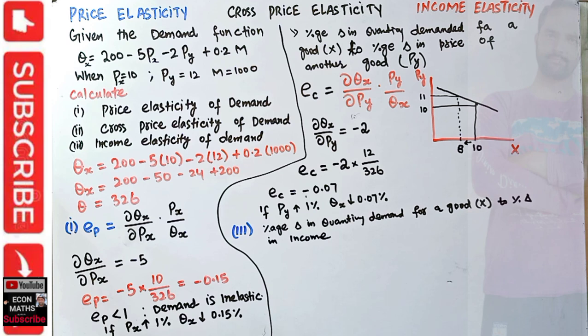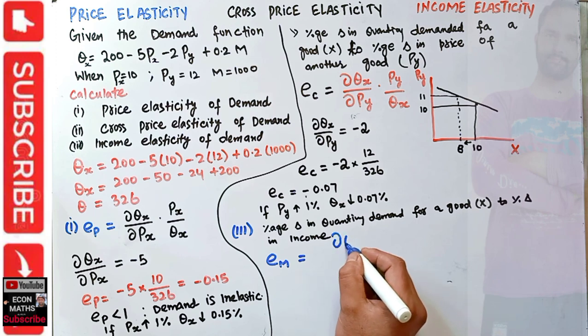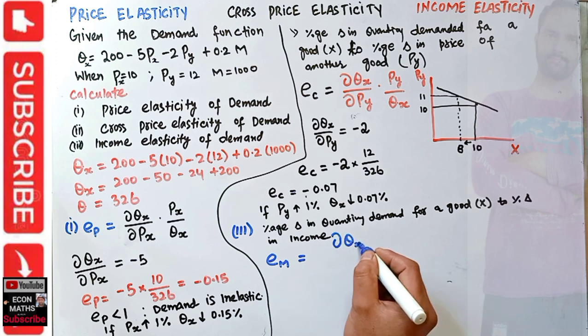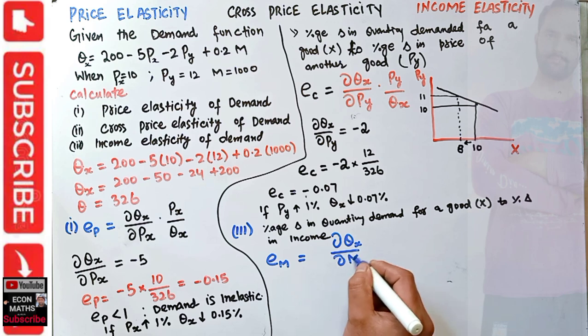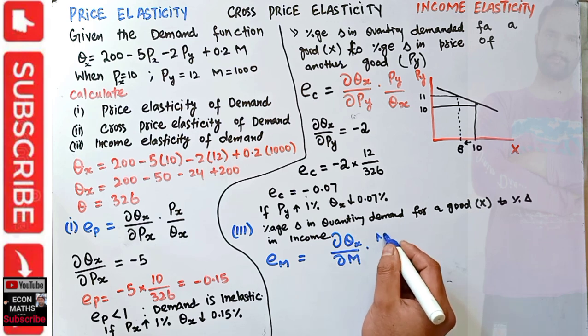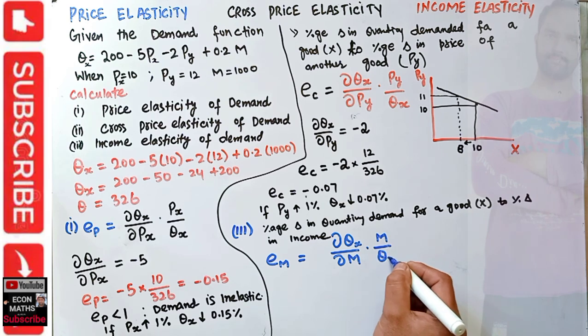So income elasticity of demand, let's denote it by E subscript m. It will be equal to the partial derivative of demand function with respect to income times income upon quantity of good x.